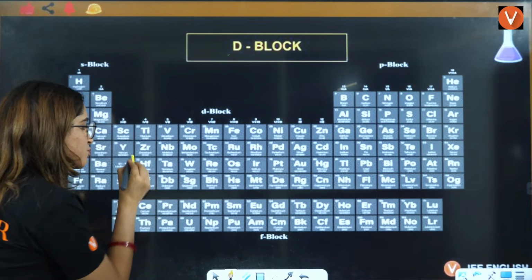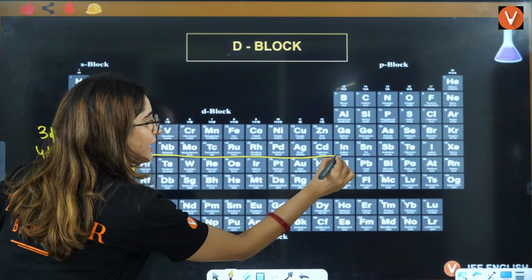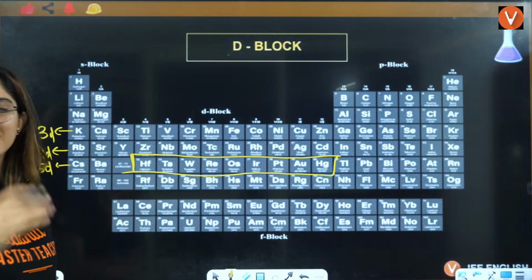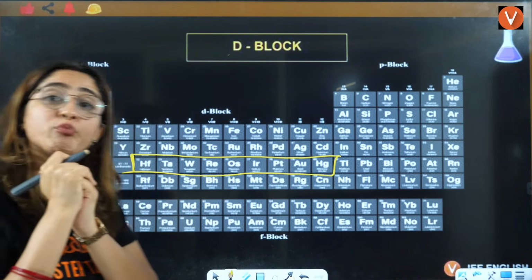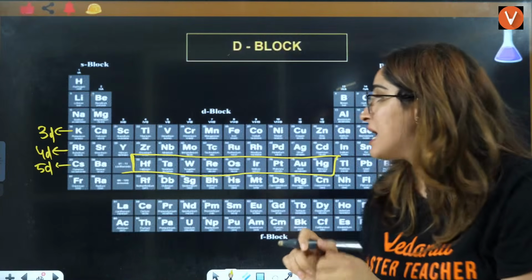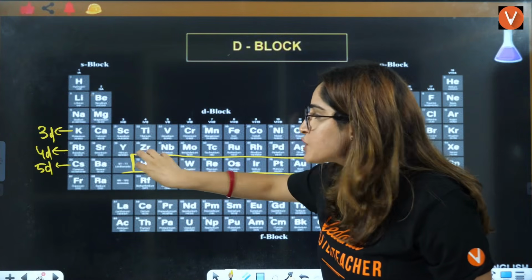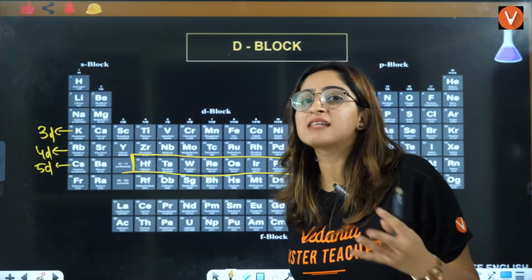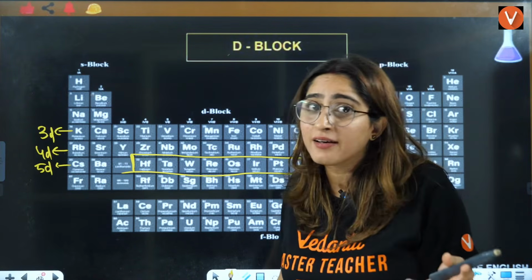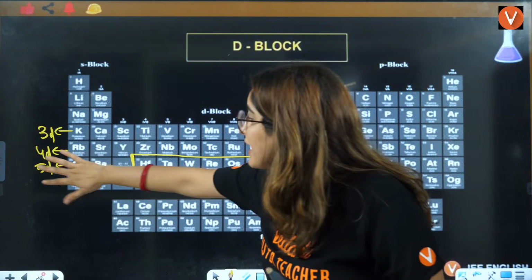Now, in this particular way, what is happening? Lanthanoid contraction is happening. The size which it was supposed to be is decreasing because of the poor shielding effect of 4f orbitals. That is the reason this 5d series will have less size than we were thinking, so it will be comparable with 4d.